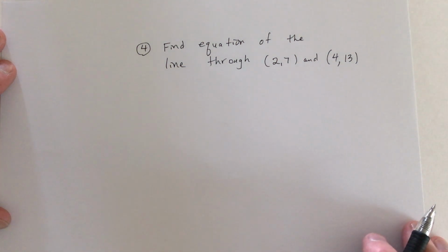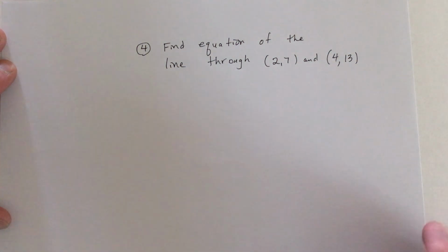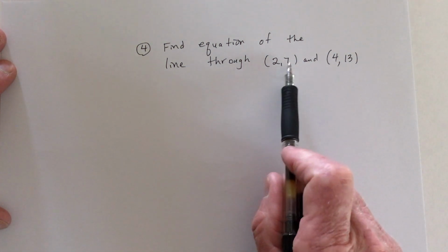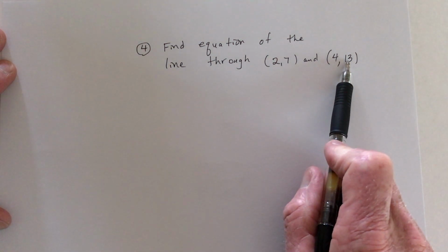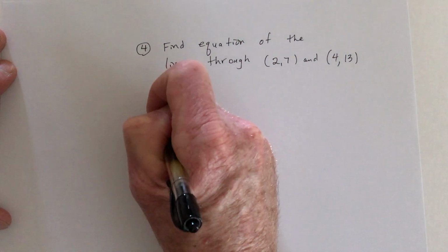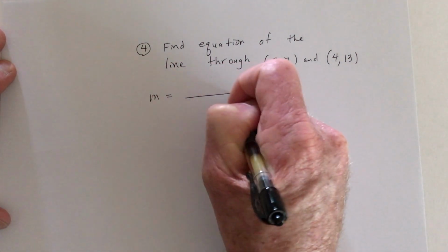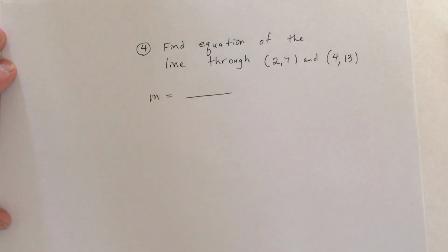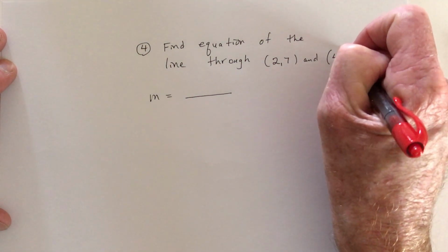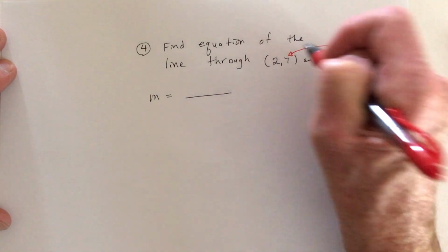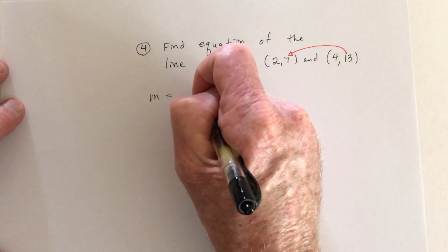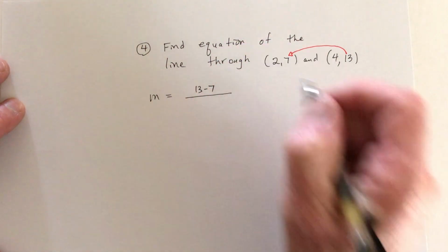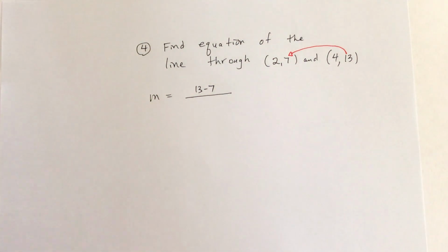Okay, so the first thing to do is find the slope. So this is x1, y1, x2, y2, and you could label them that way, but you don't actually have to, because the slope formula says subtract the 2 y values, and you just make an arrow showing which direction you subtract. So I'm going to go 13 minus 7. And that literally is the y2 minus y1.